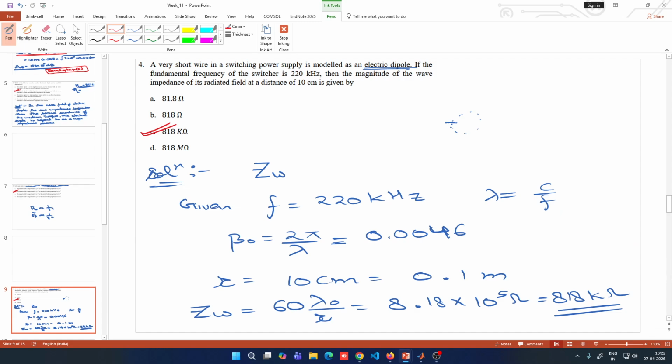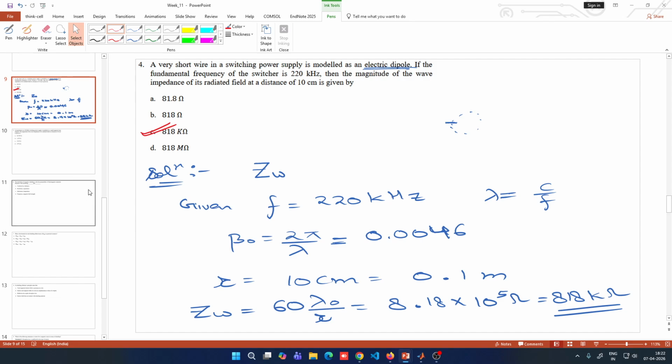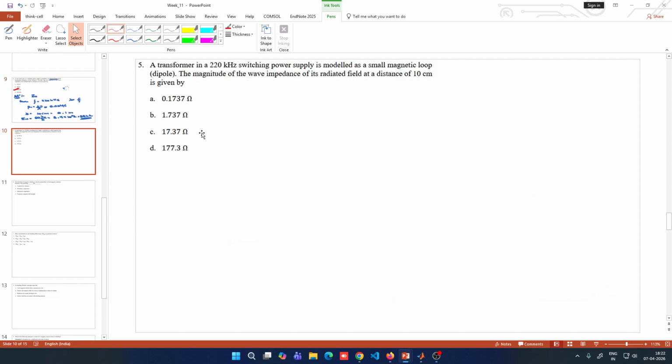I hope this question is clear. If you have any doubt in this, please let me know. Okay, if it is clear, we will move on to question number 5. In some questions, if a transformer is given, then we have to consider it as a magnetic source and use those formulas. A transformer in a 220 kilohertz switching power supply is modeled as a small magnetic loop.